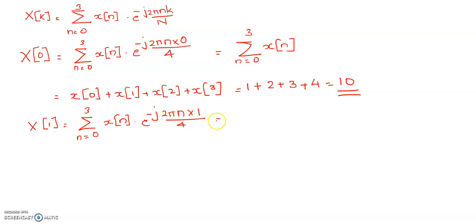So this can be further written as summation n equal to 0 to 3 x of n e raised to minus j. When 2 and 4 get cancelled, this becomes 2. Now when you combine this entire term, it becomes n pi by 2. Okay. So now depending upon the value of n, this can go ahead. But we'll do it in the next step.